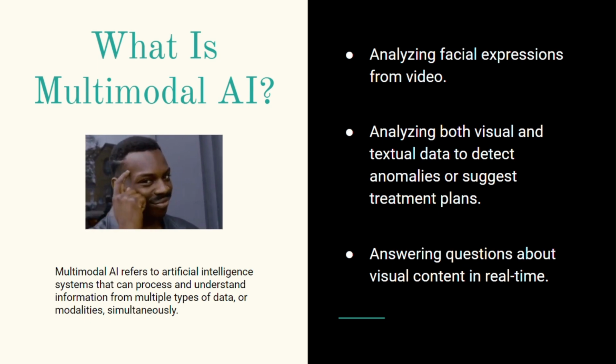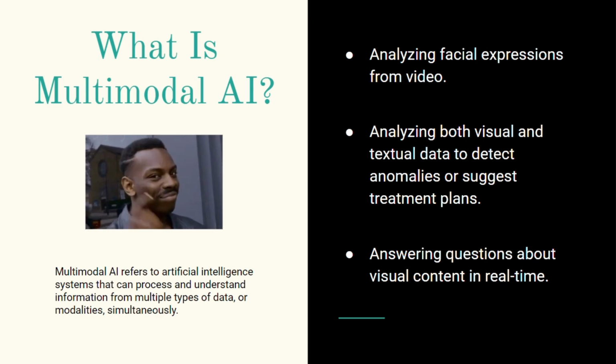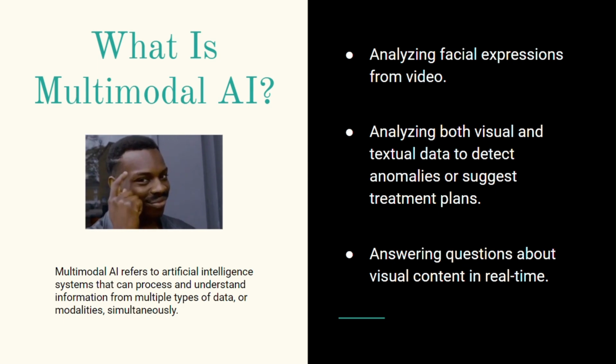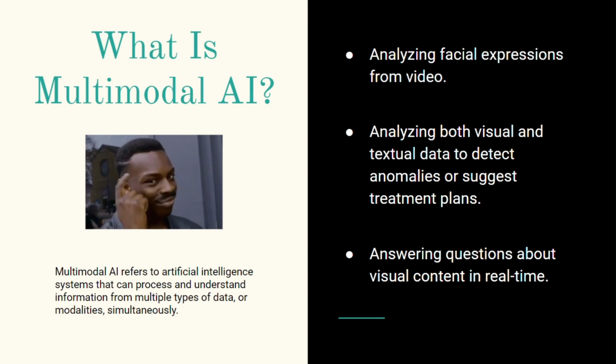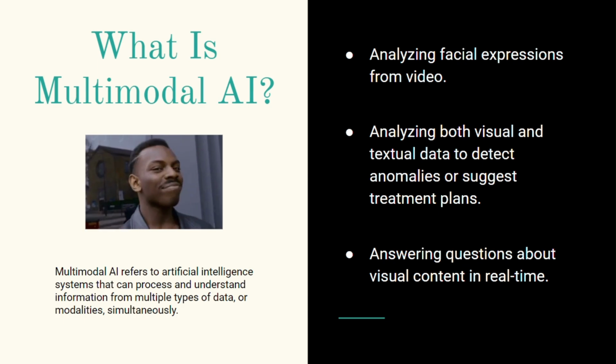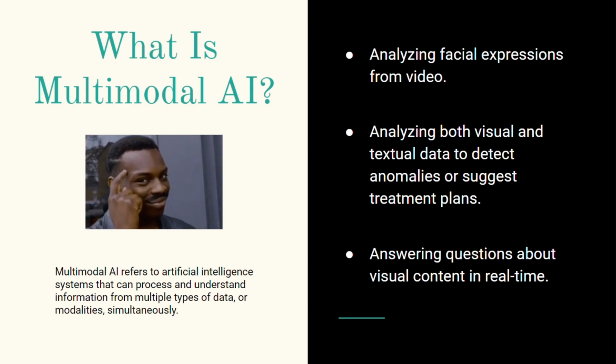Rather than only having these dashboards for people that can see, you instead apply a multimodal program or AI to your dashboards so that they can be described in depth to someone who might have sight disabilities. That is one way to use multimodal AI in your projects.